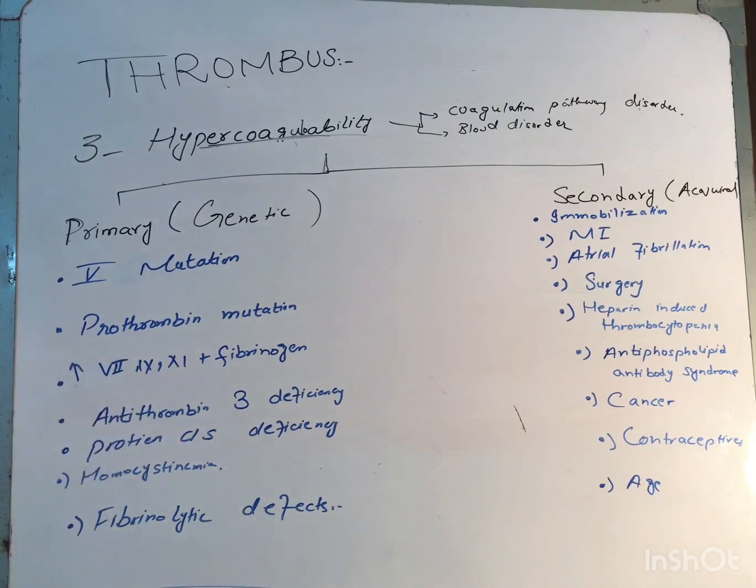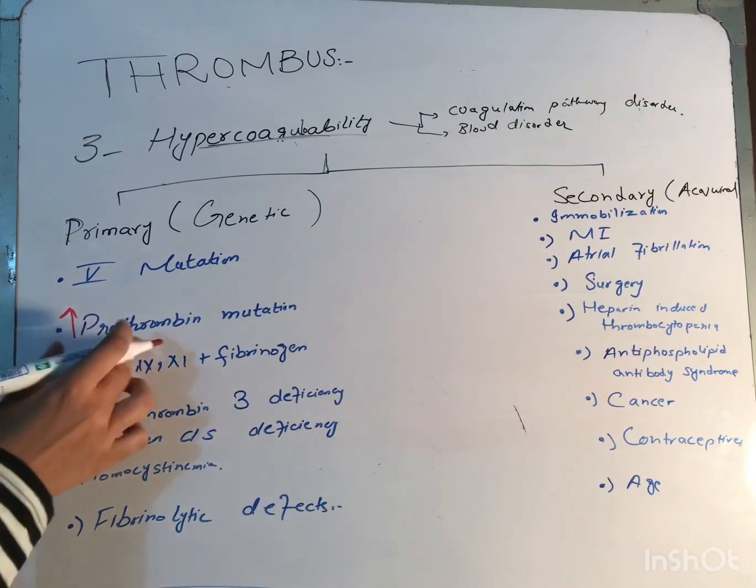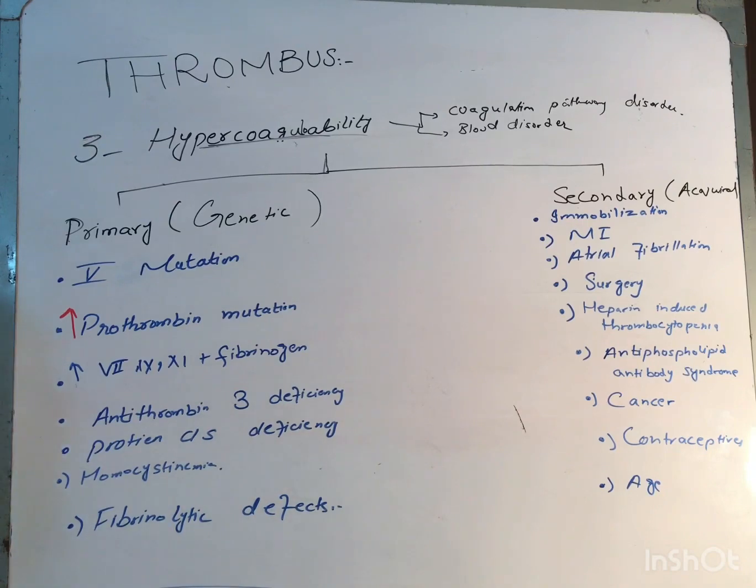Second thing is prothrombin mutation. Prothrombin mutation will lead to increased expression of prothrombin. So whenever there is a large amount of prothrombin, it will activate into a large amount of thrombin, and that will lead to thrombus formation.